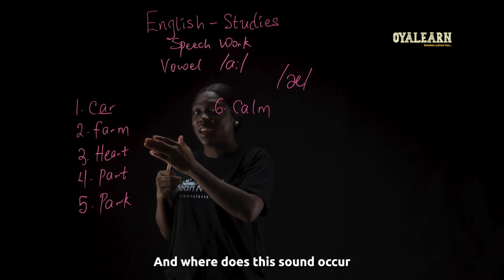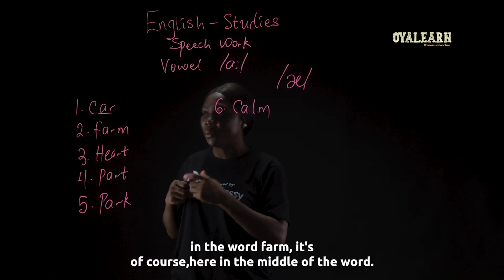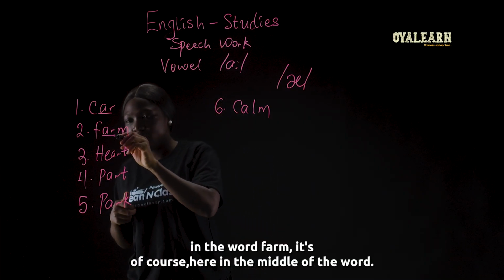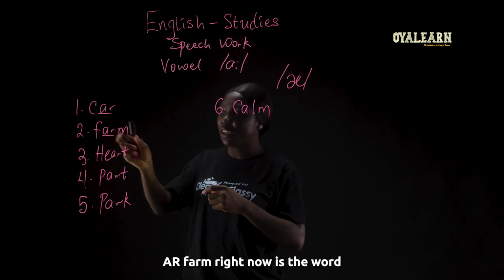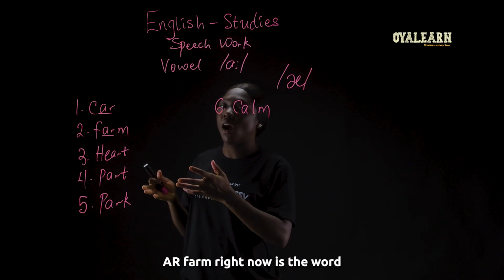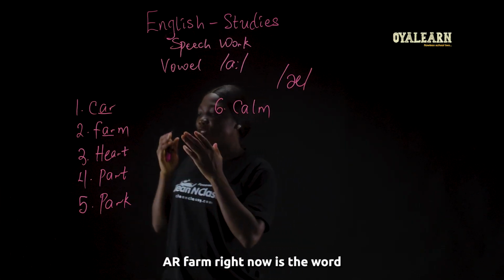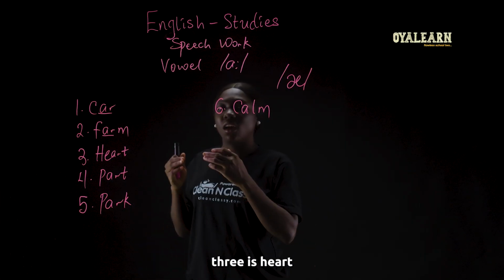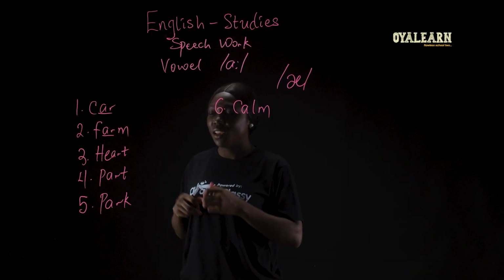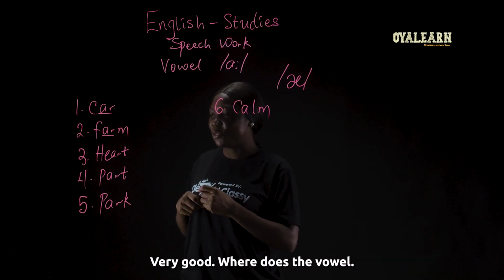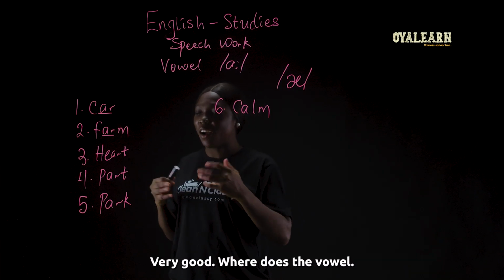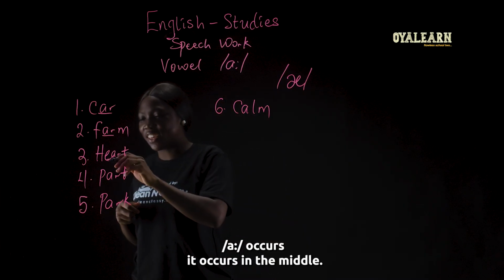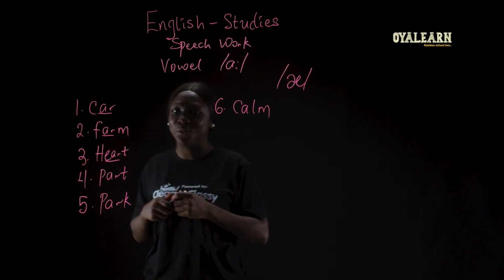And where does this sound occur in the word farm? It occurs here, in the middle of the word, AR, farm. All right. Now the word three is heart. Very good. Where does the vowel R occur? It occurs in the middle.